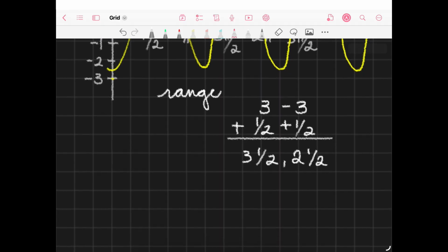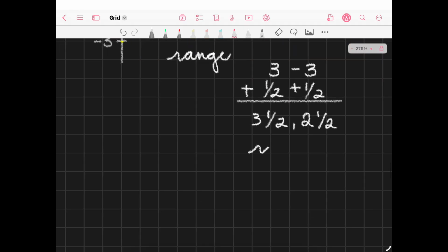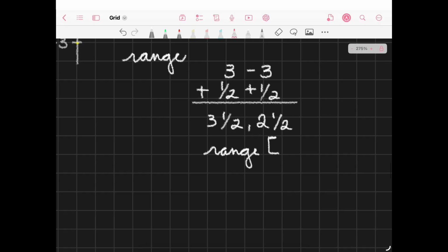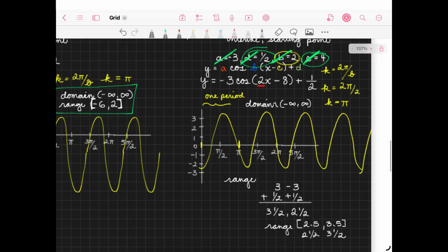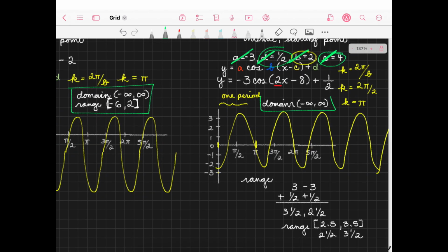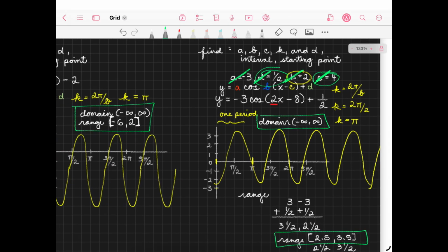Therefore, our range would be from negative 2.5 to 3.5, or 3 and 1/2. So this would be your final answer. We have your domain and range. These are basically the intervals.